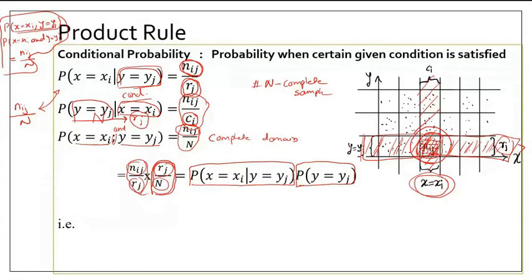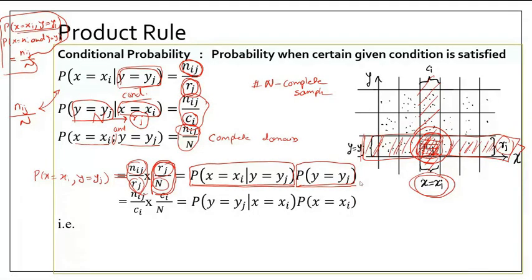So rj by n is the probability of y equal to yj. So we write probability of x is equal to xi, comma y is equal to yj as the product of these two quantities: the conditional quantity multiplied by the probability of y equal to yj.